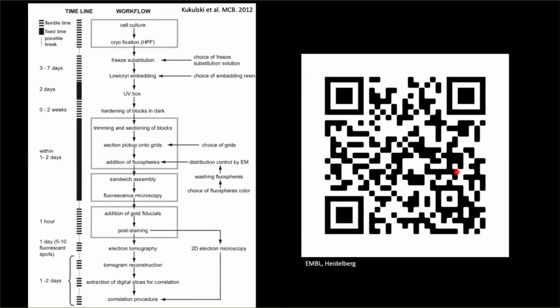And if you scan this QR code, I hope it's called the QR code, I'm so old, you will be taken to a YouTube video that was beautifully made by the EMBL core facility, which also shows the practicalities of doing high accuracy room temperature CLEM.